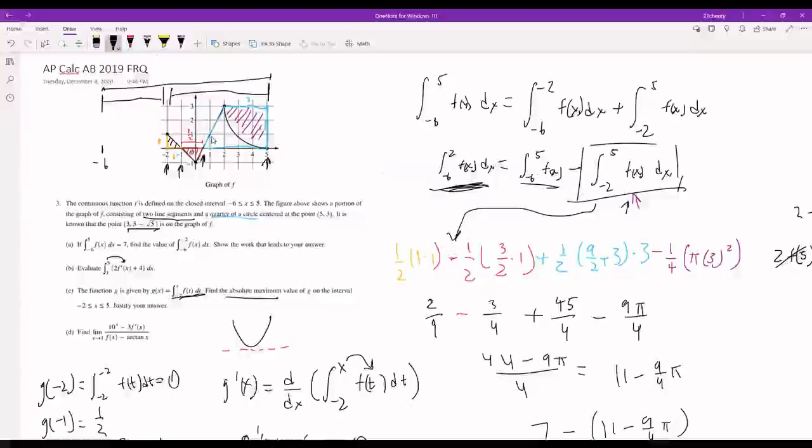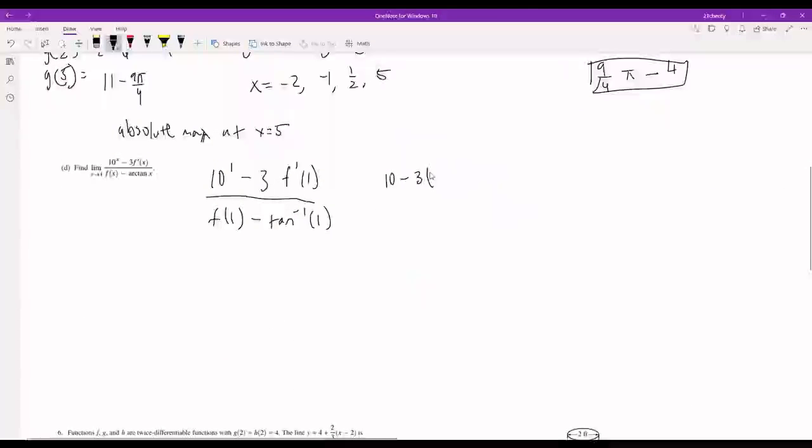All right, so this goes back to, again, remember how we said the slope of this line segment is 2, which means the derivative there should be 2.